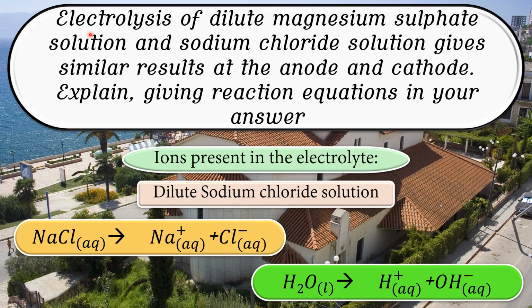So here they are saying that the electrolysis of dilute magnesium sulfate solution and sodium chloride solution give similar results at the anode and the cathode. Explain, giving reaction equation in your answer. So we want now to get all of them together. We have the electrolyte magnesium sulfate, and the electrolyte sodium chloride.